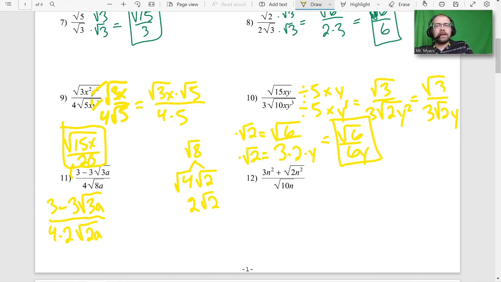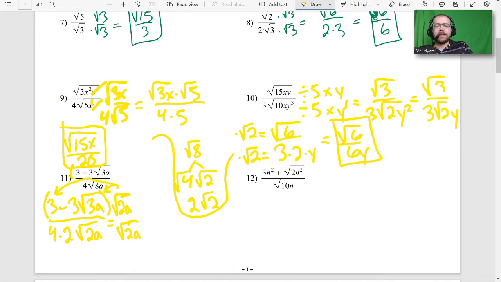So actually, let me, can I move this text? I wonder if I can move it. No, okay. So we want to then multiply by the square root of 2a on the top and on the bottom. Okay. And then we would distribute that 2a.